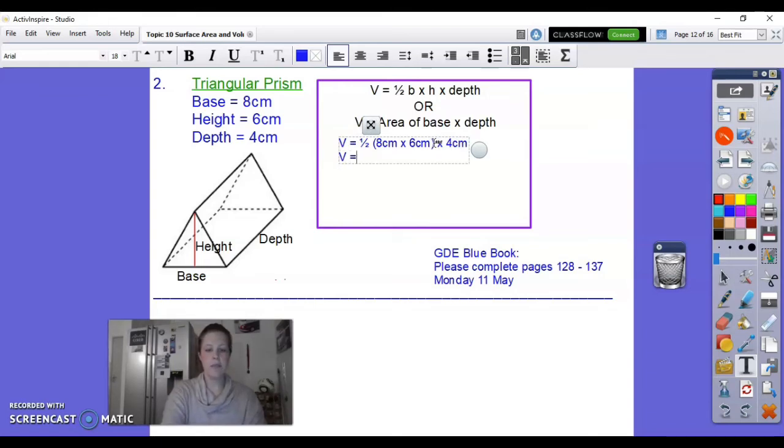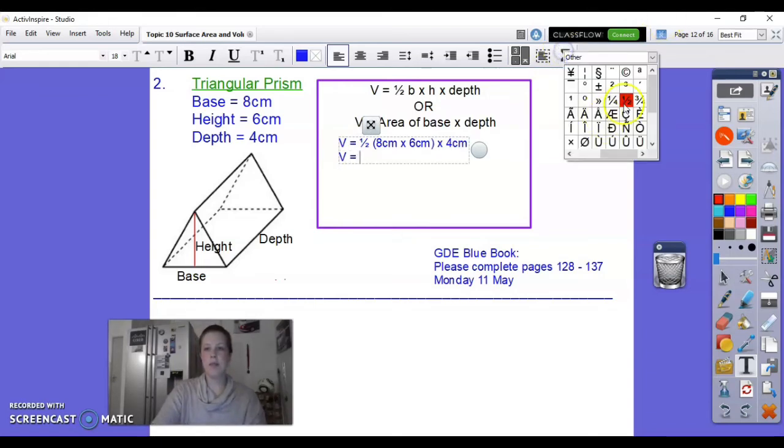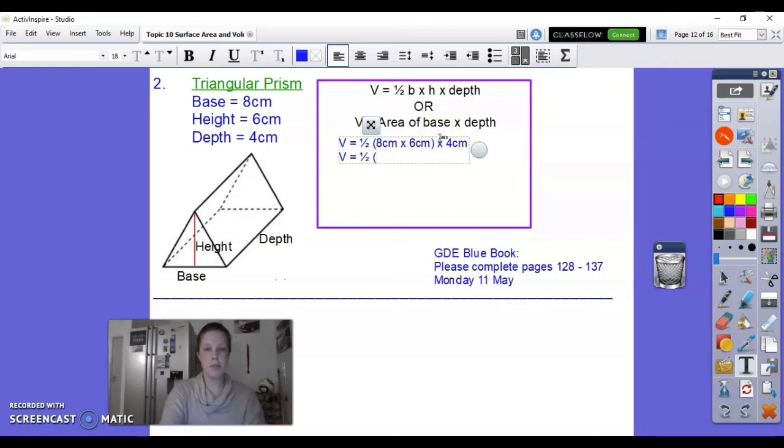So my volume would be, I'm going to work it out first by BODMAS, so brackets. 8 times 6 is 48 centimeters squared. Multiply that by 4 centimeters.